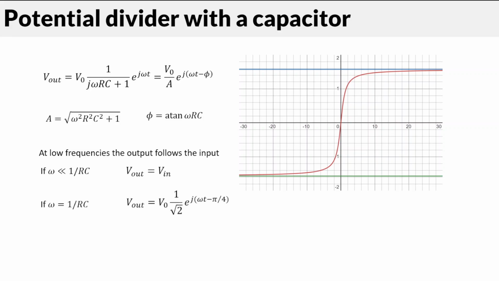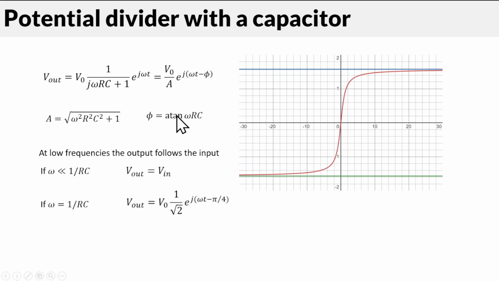If we increase the frequency a little bit so that now omega equals 1 over RC, you'll see that this part becomes 1. So A is the square root of 1 plus 1, or 2, and so our amplitude becomes 1 over root 2. Again, what we have on the bottom of our output voltage is a complex number, 1 plus j, which is a vector at 45 degrees, or pi by 4.